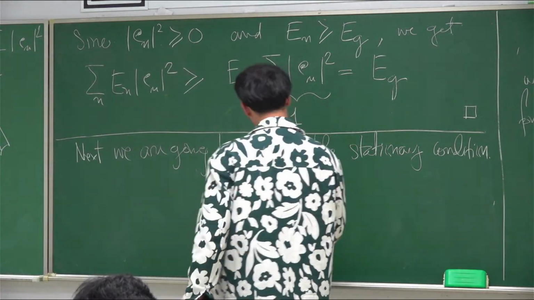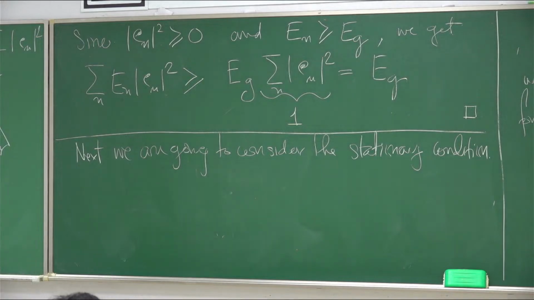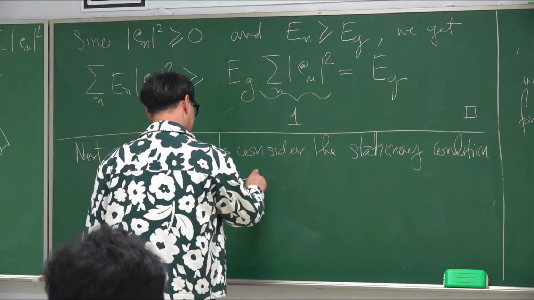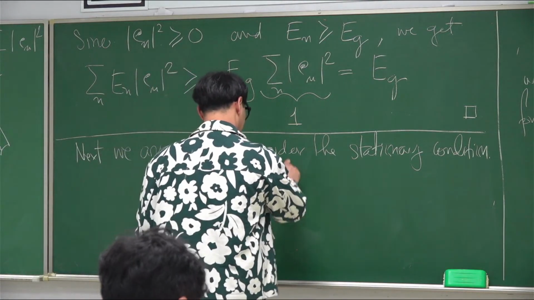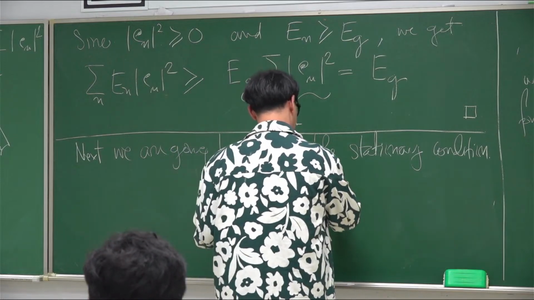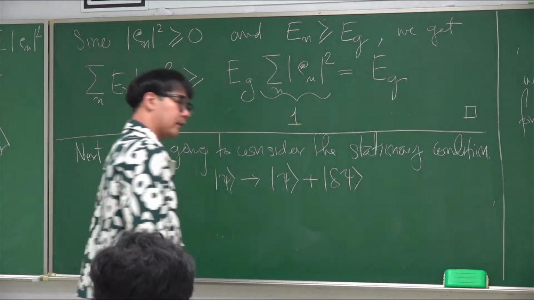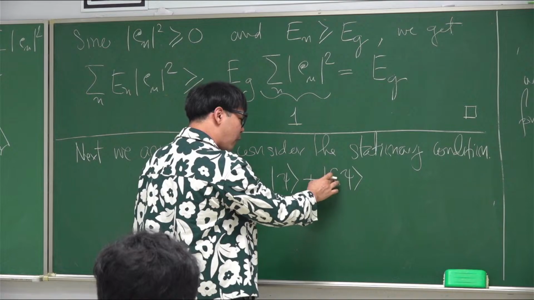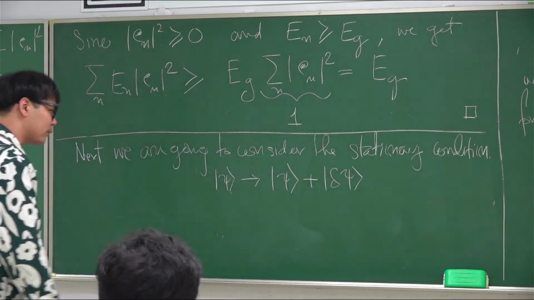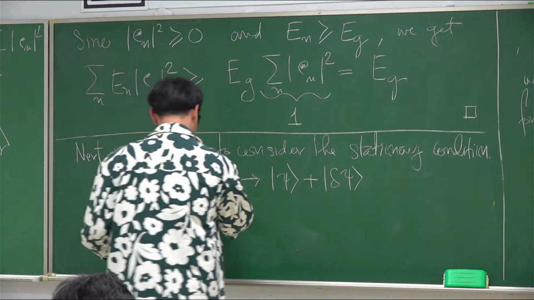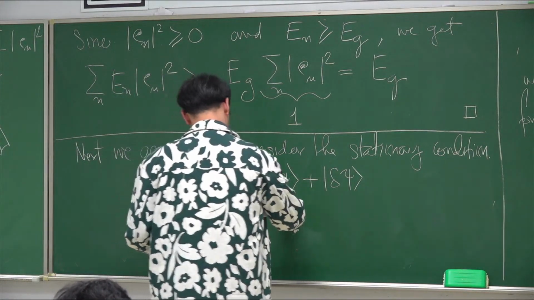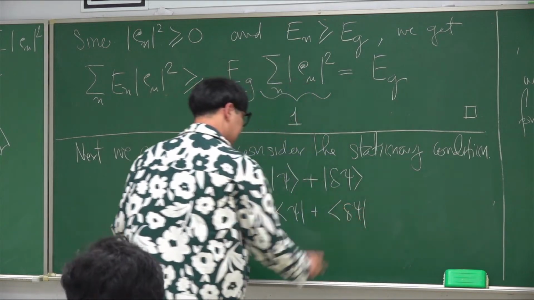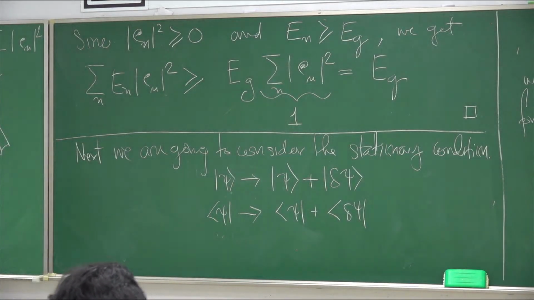So now, the object that we would like to vary is this one. This state, you do the variation by this means, right? The state itself is varied by this kind of linear combination, and then you also say that the dual of it can be put in this way.